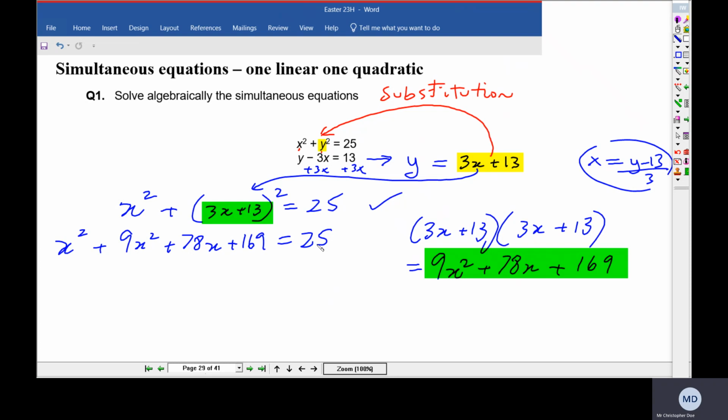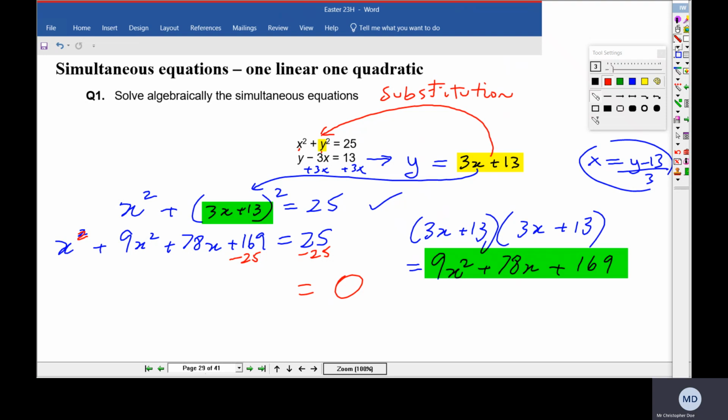What we've got to try and do now is, hopefully you notice it's a quadratic equation. We've got x squared. We try and simplify it, and your next mark, probably your third mark, is for making it simple, but on the right, for a quadratic, you need to get it equals to 0. So we've got to take off the 25 from both sides and try and tidy it up a little bit.